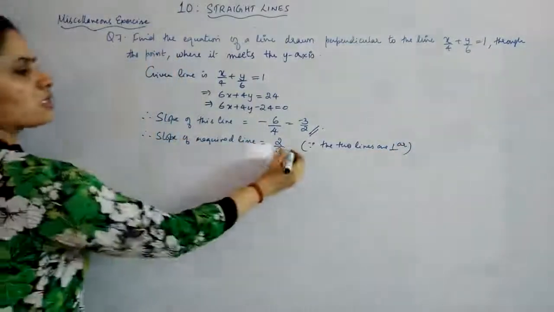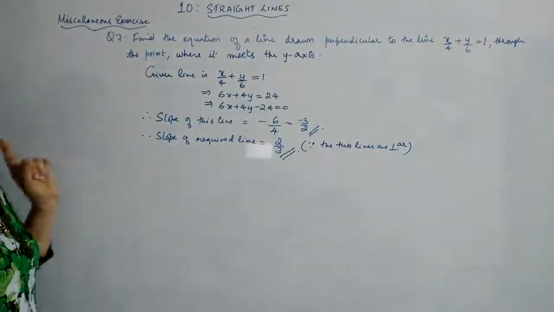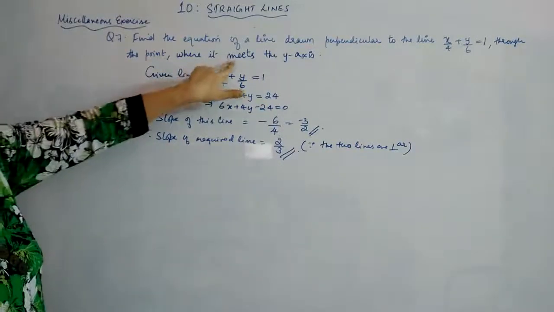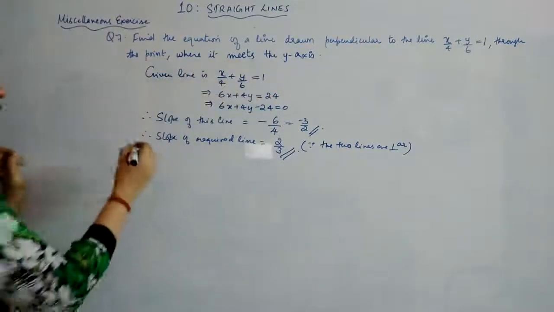Okay, so you got the slope of the required line. Now one more thing you want is a point with 6, since it meets the y-axis.